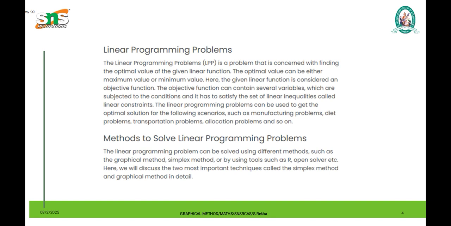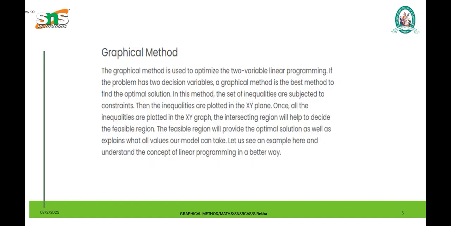It is an effective tool in programming and in open solvers. The best methods are the simplex method and also the graphical method. In the graphical method, only two variables are allowed. That is one drawback of the graphical method. But in the simplex method we can solve more than two variables.